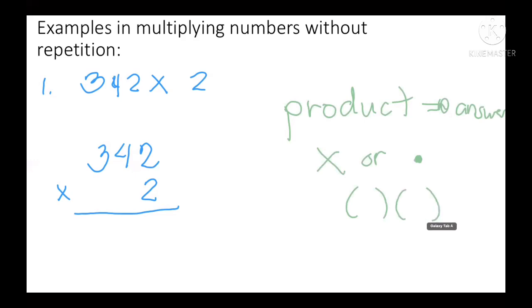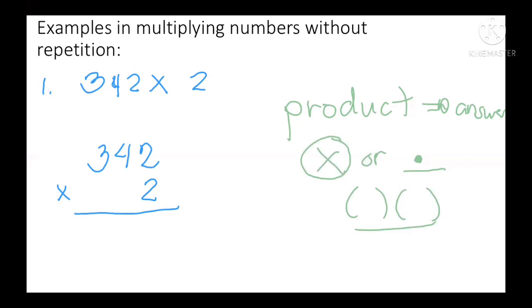This is also multiplication. But here, since you're still in P3, we are practicing to use only the X. But to give you an advanced learning, these are the other forms of multiplication.